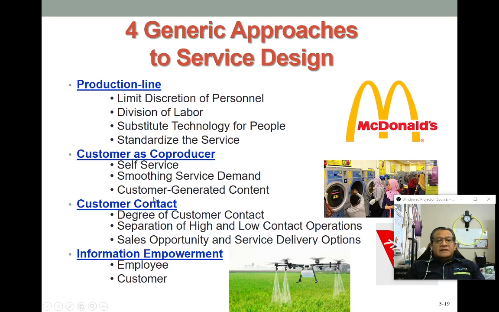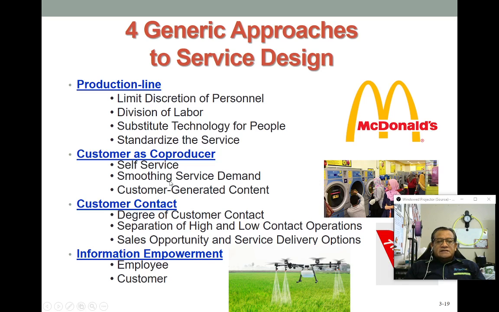On the second generic approach, they call it customer as a co-producer. Customer as a co-producer is depicted well in a self-service environment, like a laundry shop or a laundromat. It is basically self-service, right?